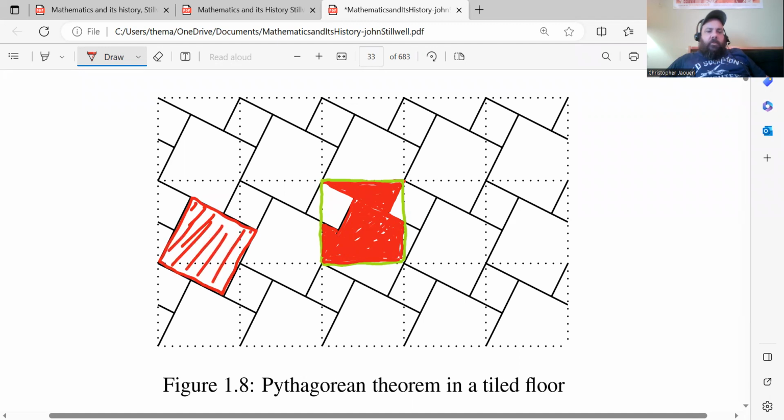Right, this area is equal to the area that I have shaded in the green square, and this part, the area in the remaining pieces, so this part here plus this part here, notice that that area is equal to the area of the smaller square.